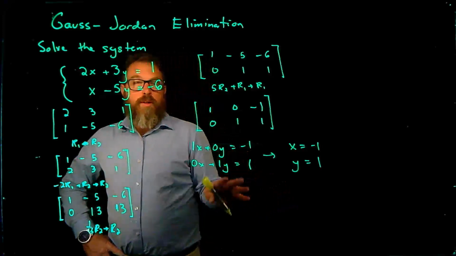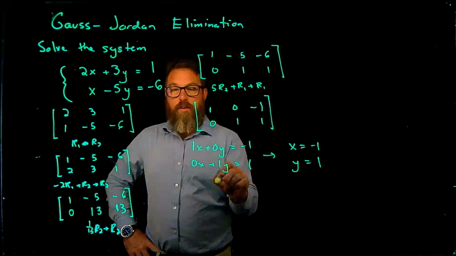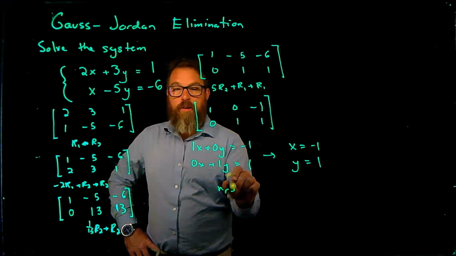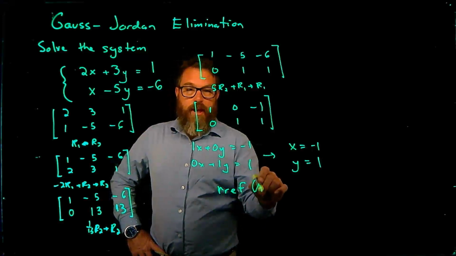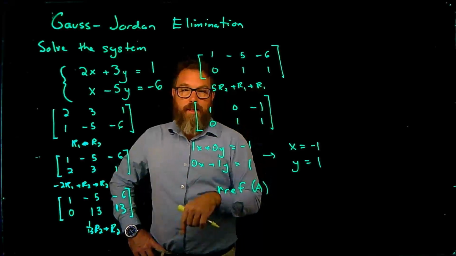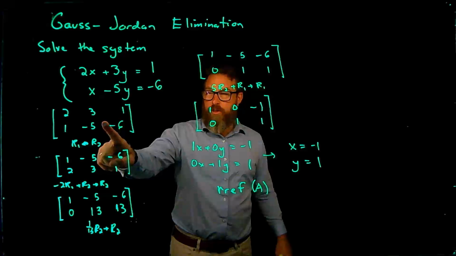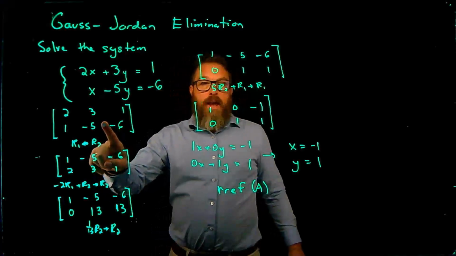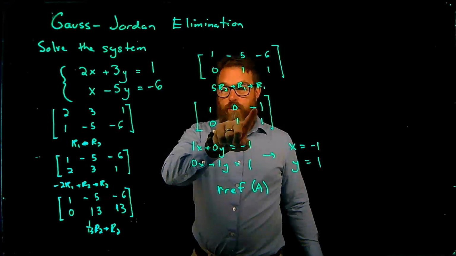So really, when you completely put this in reduced row echelon form, and you'll see this RREF even on your calculator, if you row reduce this matrix, let's call this the matrix A, it's going to spit out that thing. That's really what this is: the reduced row echelon form of this particular matrix. And when you do that, these numbers here are simply the solutions to your first variable and then your second variable.